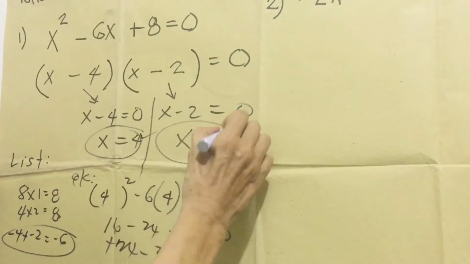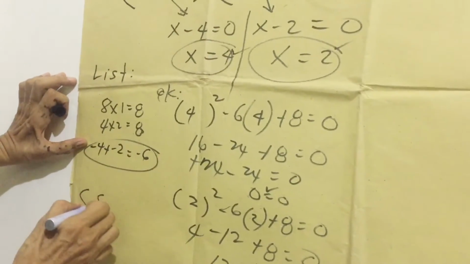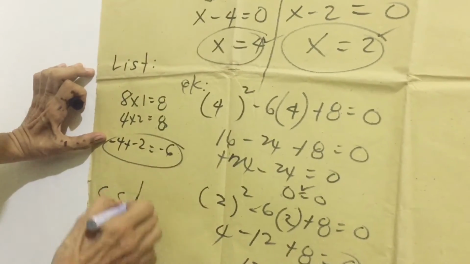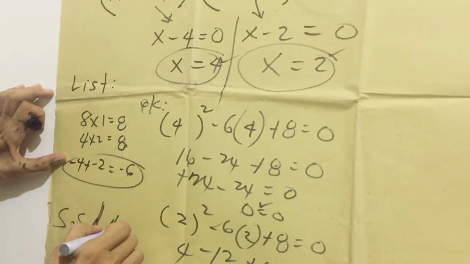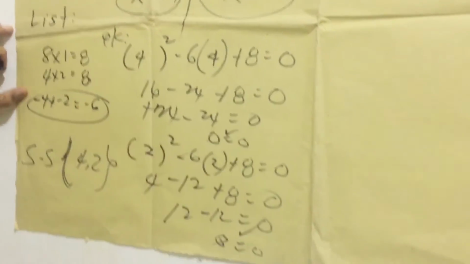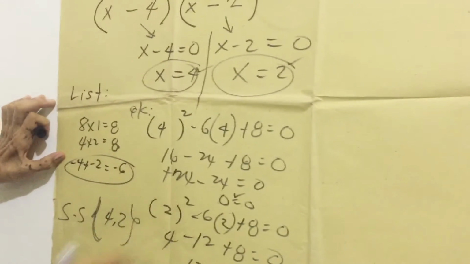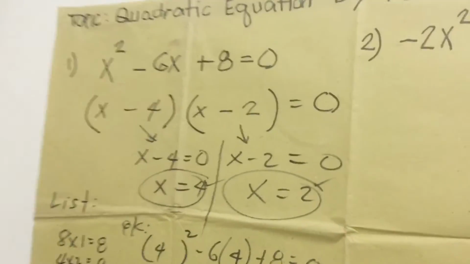Okay, therefore we have two answers. So our solution set now is 4 and 2, because based on our checking, 4 and 2 are possible solutions. So that's the answer for number 1.